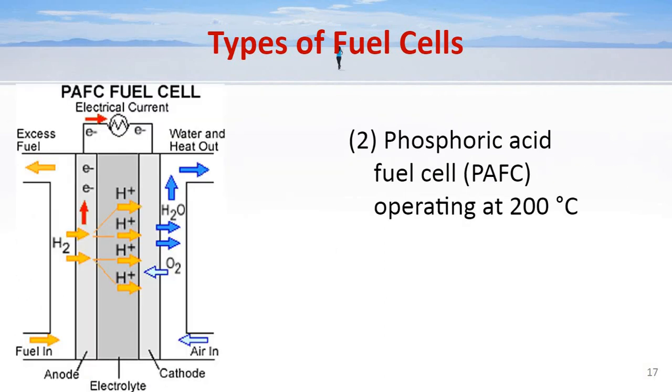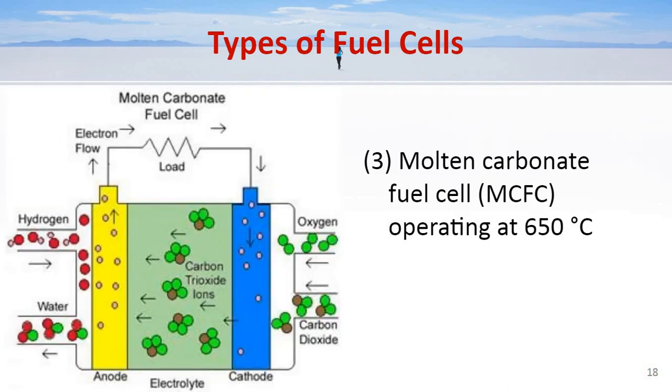The next is PAFC, or phosphoric acid fuel cells. As shown here, the operation is at 200 degrees centigrade. It was first developed in the 1960s, and they are good candidates for stationary applications. The next one is the molten carbonate fuel cell, abbreviated MCFC.